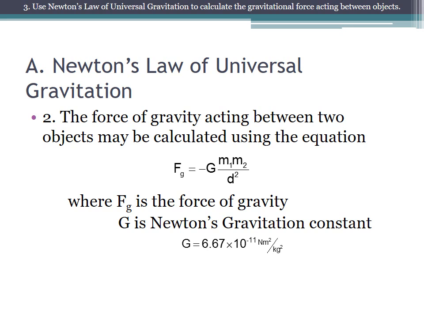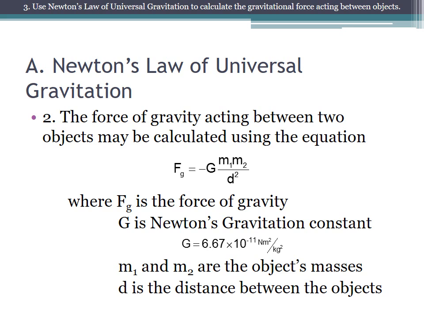All right, so that's the capital G. M1 and M2. Well, M stands for mass. So M1 is the mass of the first object, and M2 would be the mass of the second object that we're calculating the gravitational force for. And then D is the distance between the objects.